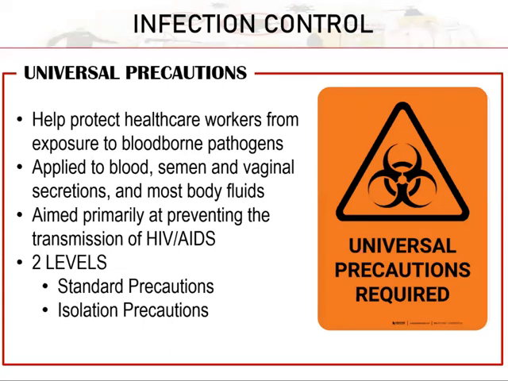That is why in 1996, the Centers for Disease Control and Prevention expanded the recommendation in order for them to include those katong mga fecal sample, the urine, to protect the healthcare workers. So they created this standard precaution and isolation precaution.